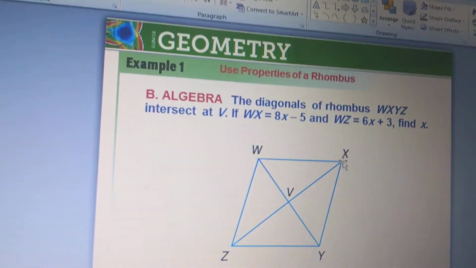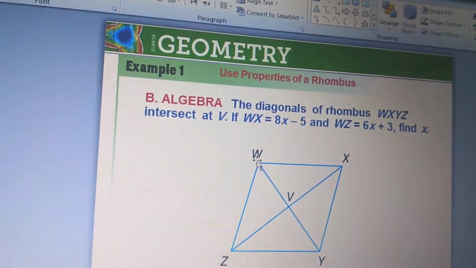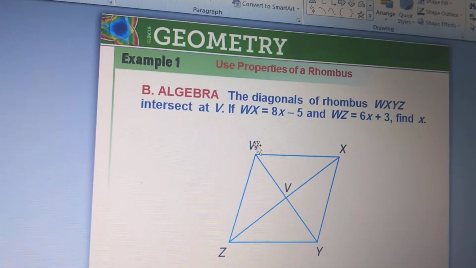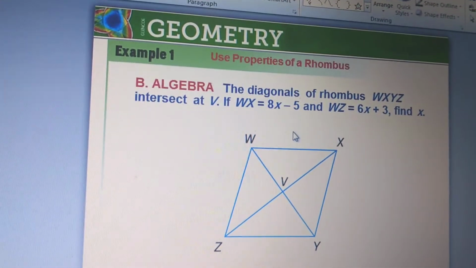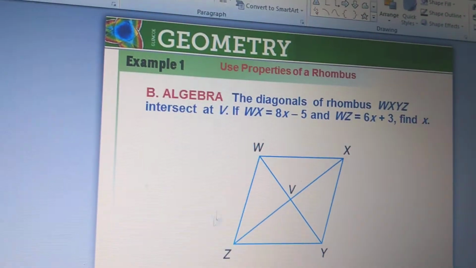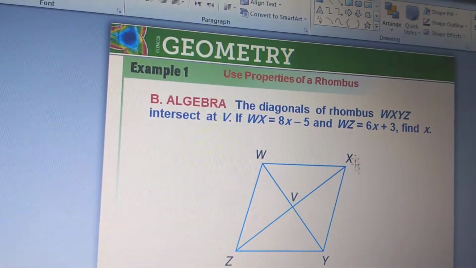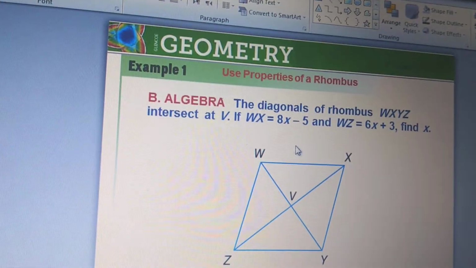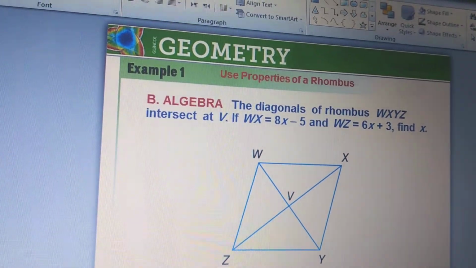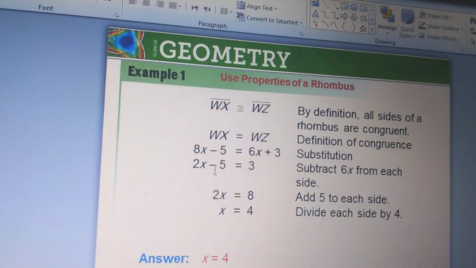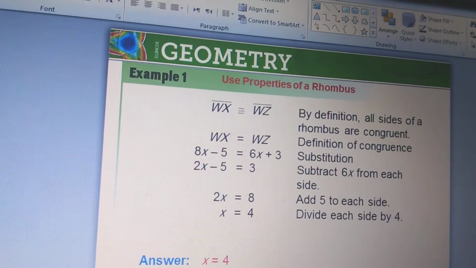This means the triangle ZWX is isosceles. In an isosceles triangle, I have two sides that are equal, which means WZ equals WX. Or as I told you, we have one easier property. In a rhombus, all sides are equal. WX, XY, YZ, ZW, all of them are equal. Therefore, directly you can write 8x minus 5 equals 6x plus 3. And you solve it. You see, you get x equals 4. You get the value of x.